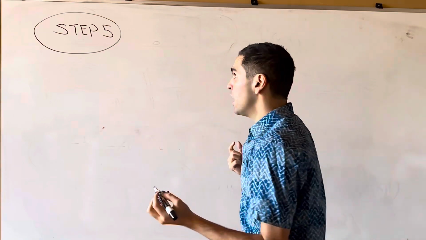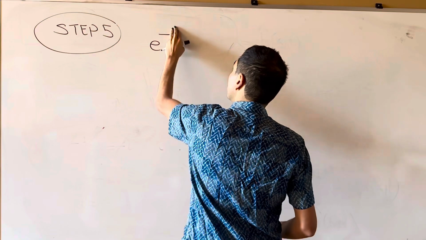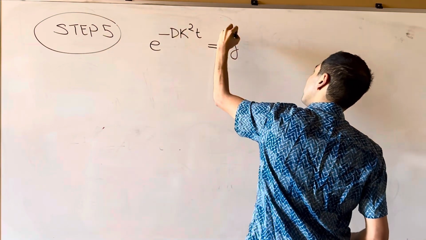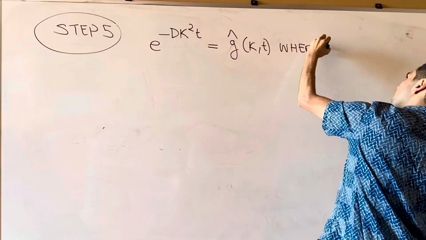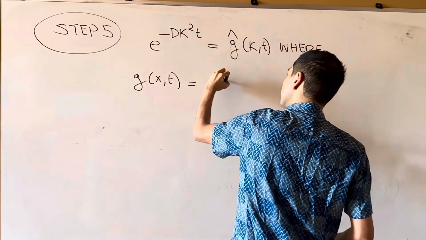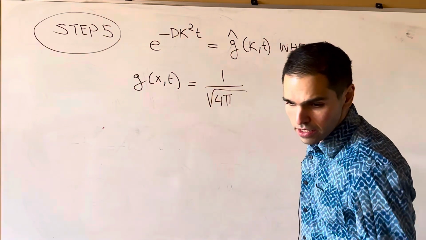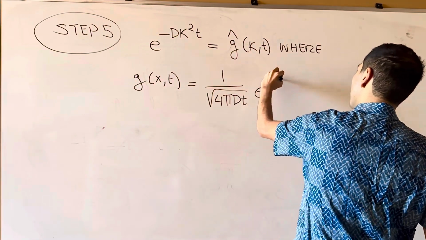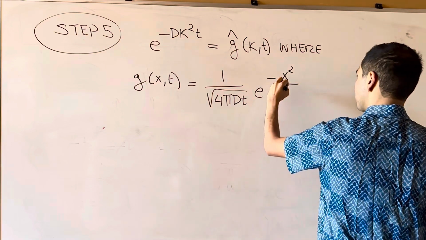So what we found was e of minus d kappa squared t is the Fourier transform of g, where g of x,t is 1 over square root of 4 pi dt, if I'm not mistaken, e of minus x squared over 4dt.